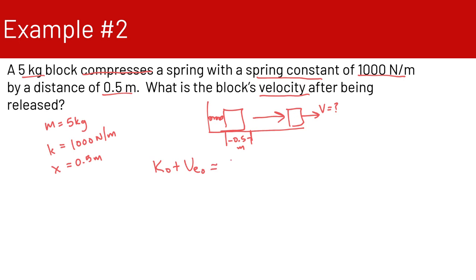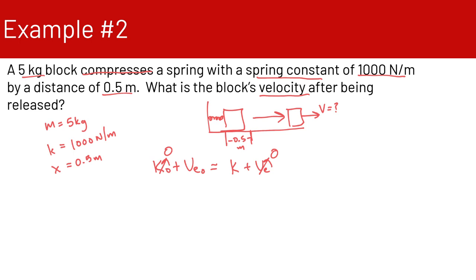On the right side, we have final kinetic energy plus final spring potential. To begin with, we have 0 kinetic energy and only spring energy. On the other side of the equation, we don't have any spring potential energy because the spring has stretched out. It's no longer compressed, and we only have kinetic energy.